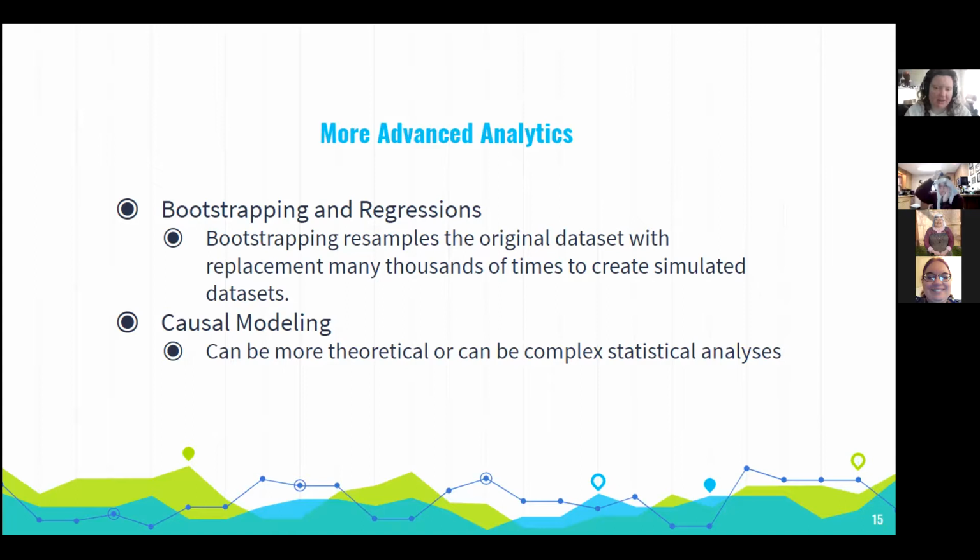Another thing that you can look at is causal modeling. So causal modeling can be more theoretical. It's a very theoretical thing, where you're just looking at exactly what are the chances that this does this. Or it can be a more complex statistical analysis. It's very similar to bootstrapping. It takes it a little bit further.